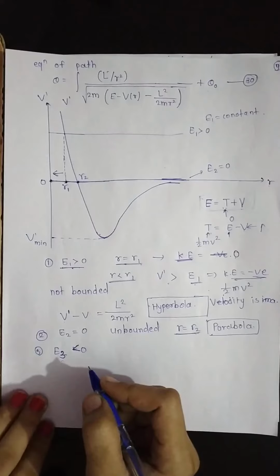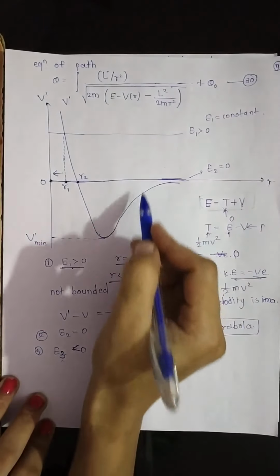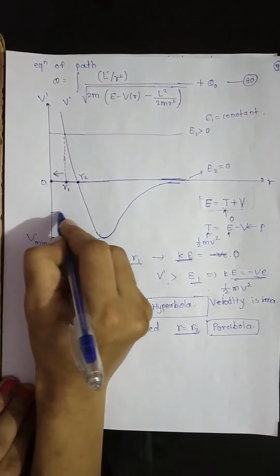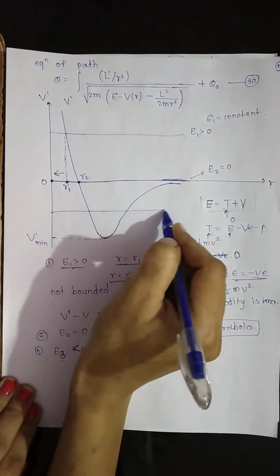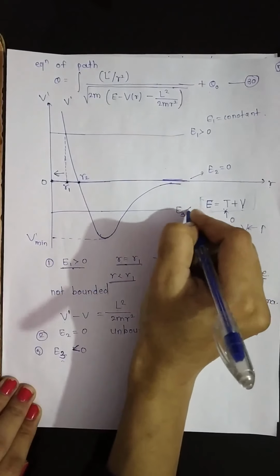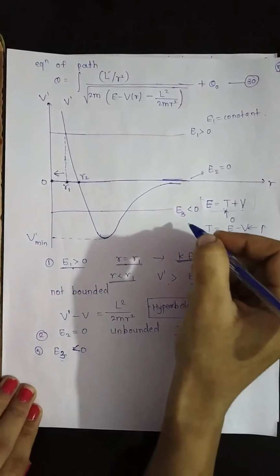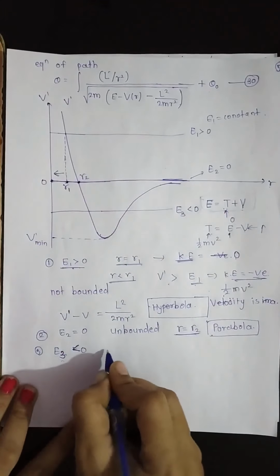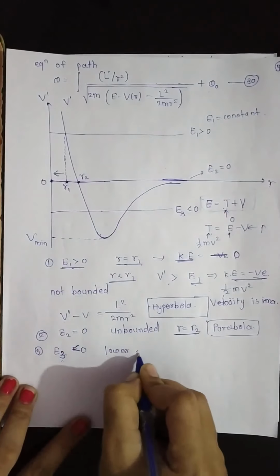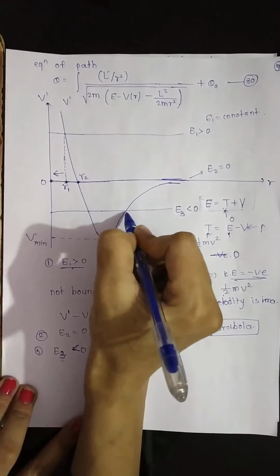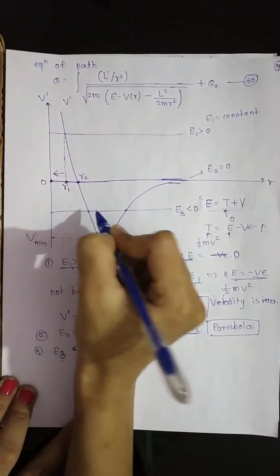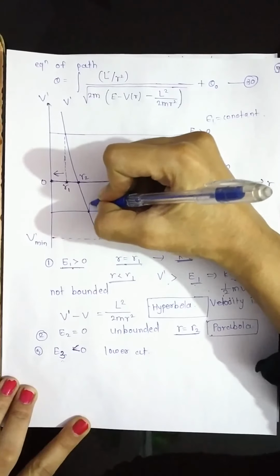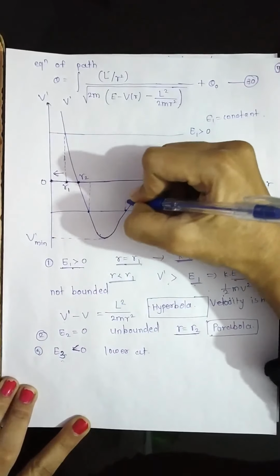Now if E3 is less than 0, this means our energy will be on the negative energy axis. So let me consider this energy over here. That is our third case, E3 less than 0, that is negative energy. If E3 is less than 0, then the particle will have a lower bound and an upper bound, because the energy is cutting our plot at 2 points. The first point will be this one and the second point will be this one.